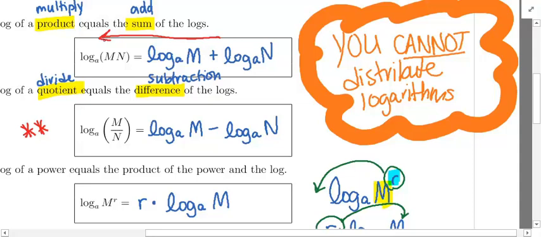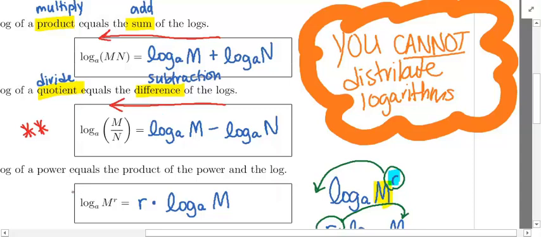Addition will turn into multiplication. In property 2, you are going to start with log base a of m minus log base a of n. So you're subtracting two logarithms of the same base. You can combine them into one logarithm by going in this direction. Subtraction will turn into division.